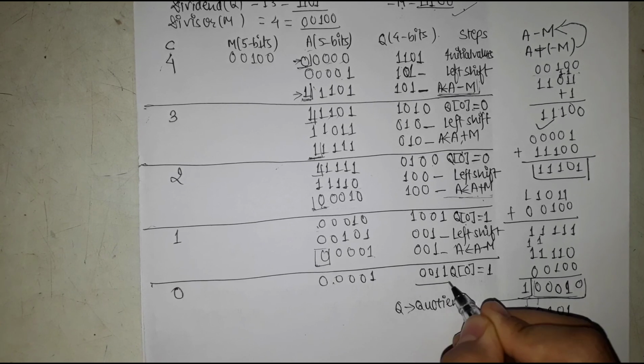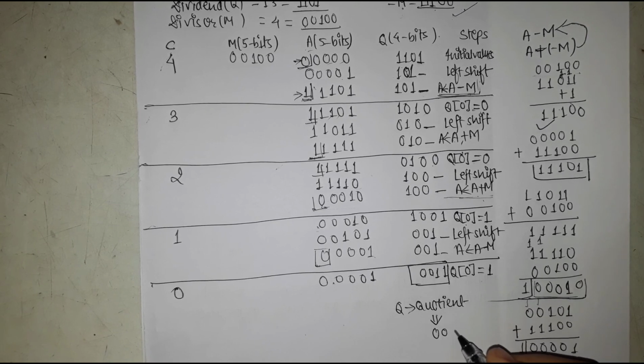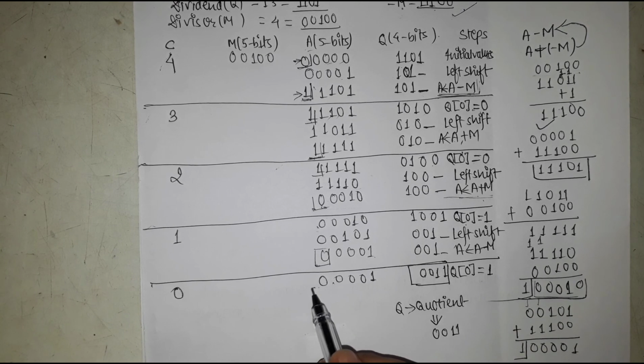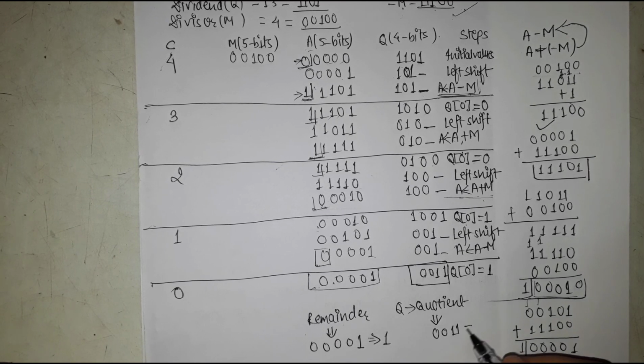So the value of Q we have is for quotient, and it's 0, 0, 1, 1. And all this time we've been operating for remainder in A. So the remainder would be 0, 0, 0, 0, 1, which in decimal is 1 itself, and the quotient in decimal is 3.